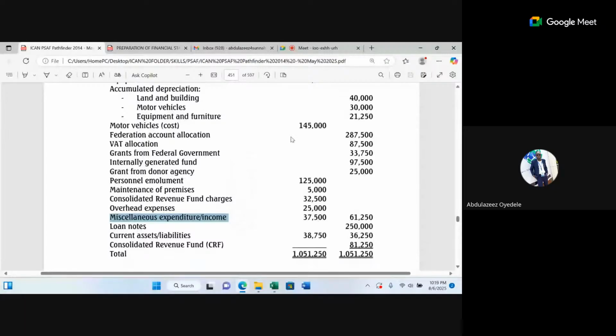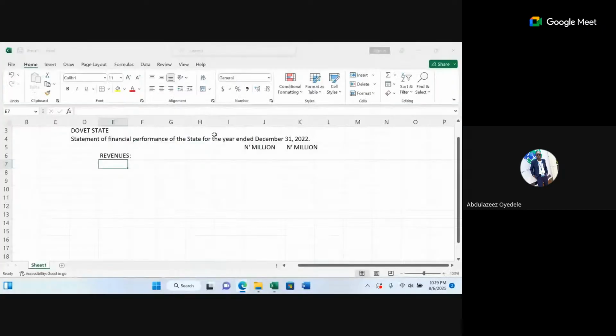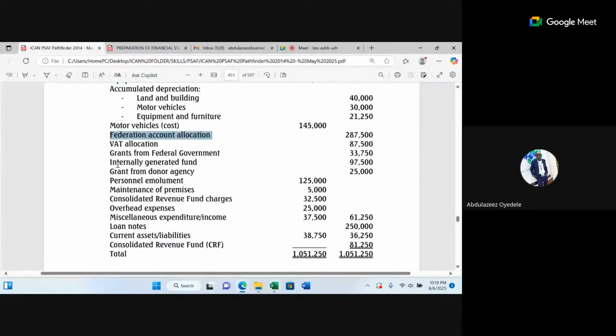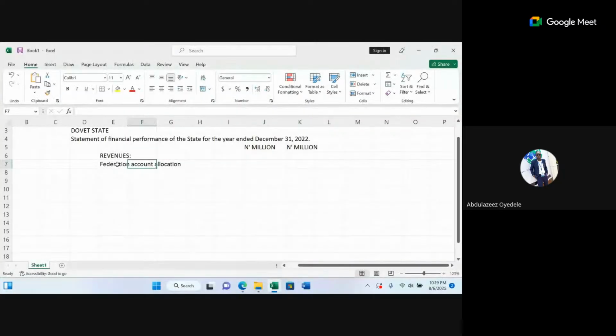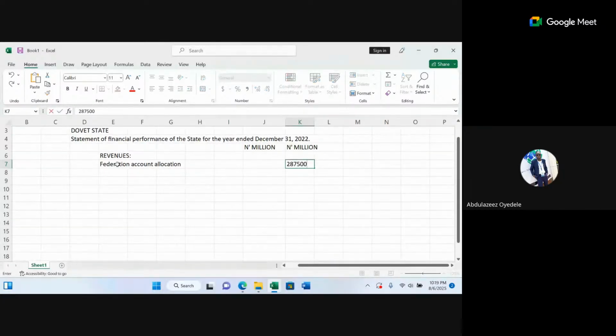Okay, so let's pick all these items and fill them in. Federation account allocation, and that is 287,500.